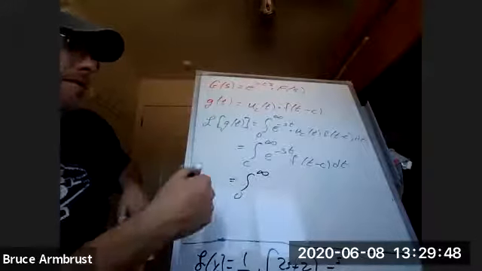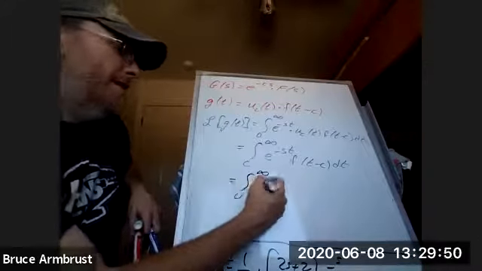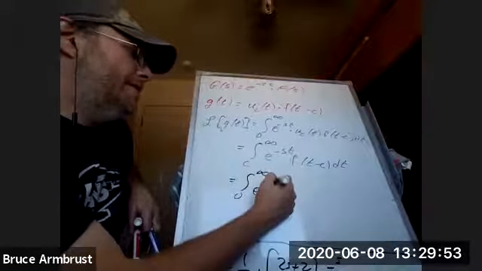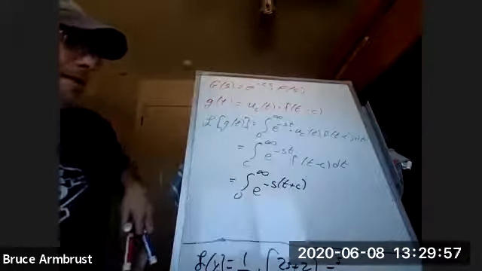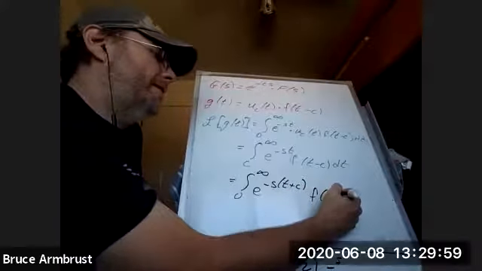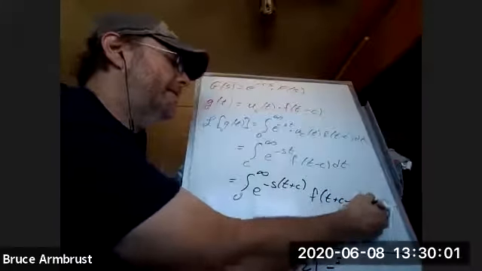And so this is going to give us then e to the minus s times t plus c times f of t plus c minus c.